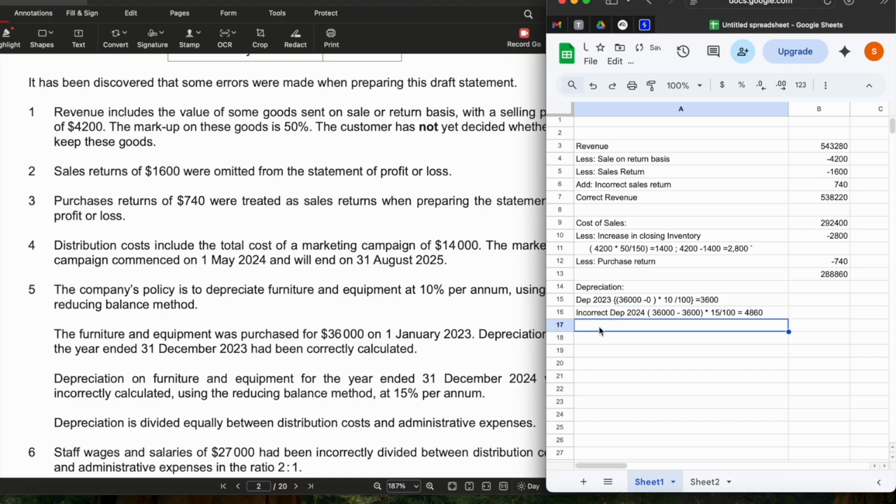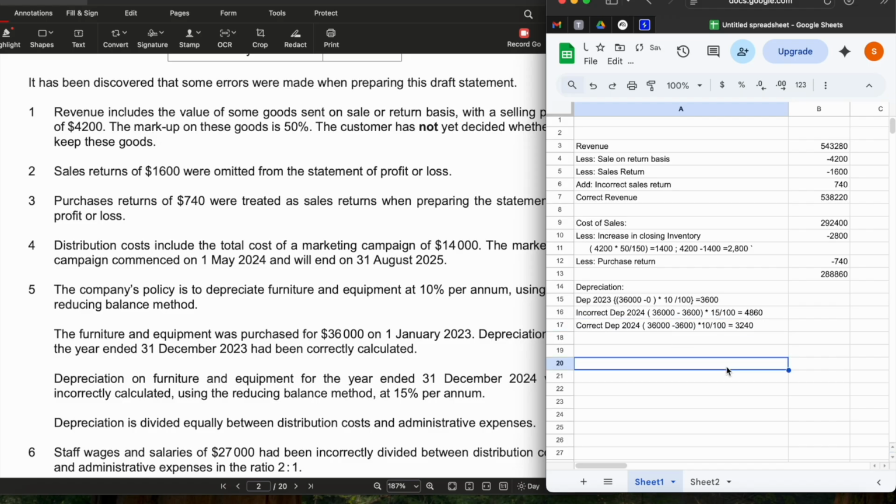Okay, the correct depreciation in 2024 should be 36,000 minus 3,600, into 10%, and 10% of this amount will give you 3,240.